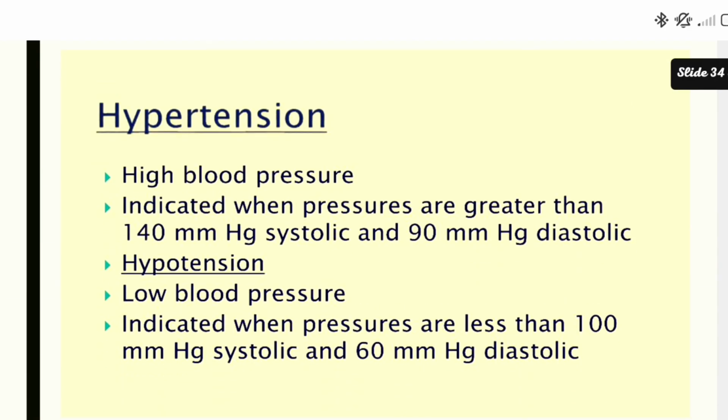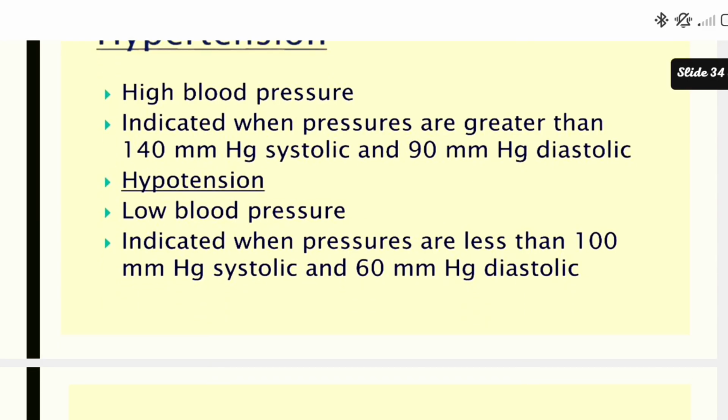And some alterations in blood pressure: if blood pressure is high then you call it hypertension. Hypertension is also divided into different types, like type 1 hypertension, type 2 hypertension, like that, okay. If blood pressure is low then we call it hypotension. Hypo means decrease, right?